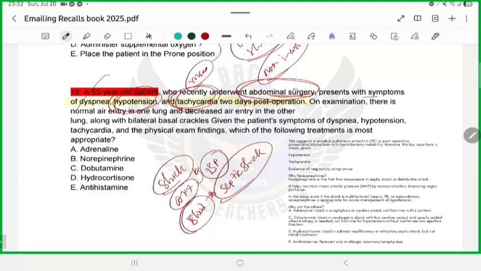Okay. And then he has normal air entry in one lung, decreased air entry in the other lung, along with bilateral basal crackles.